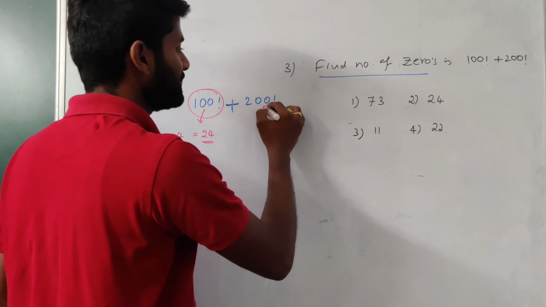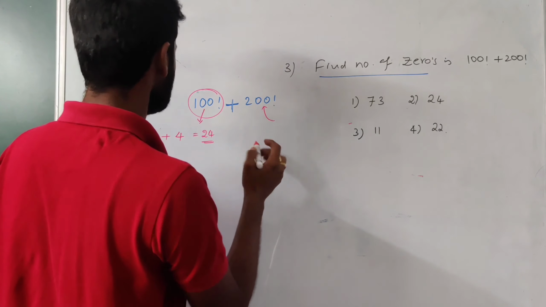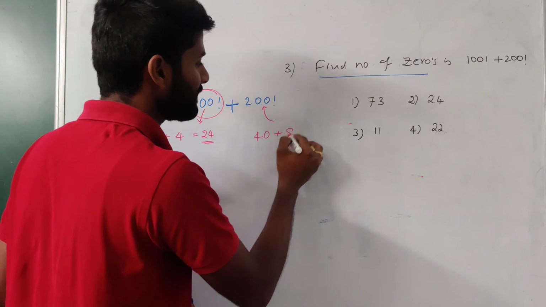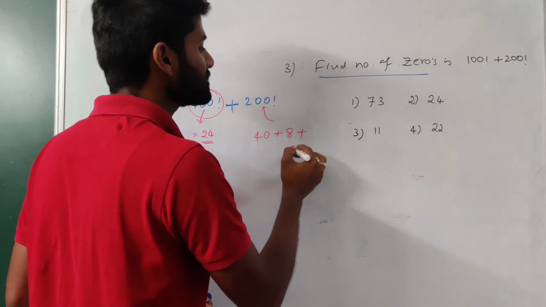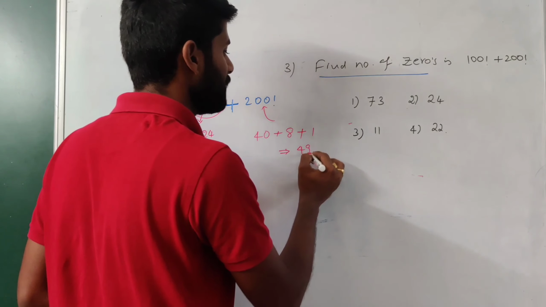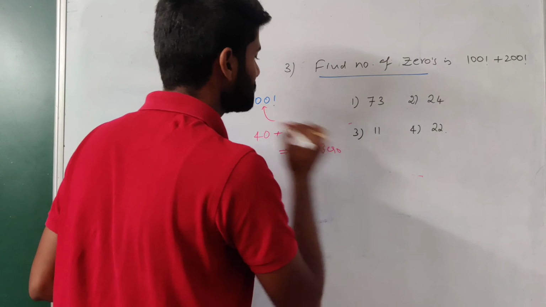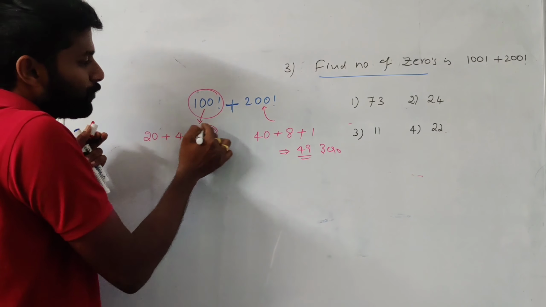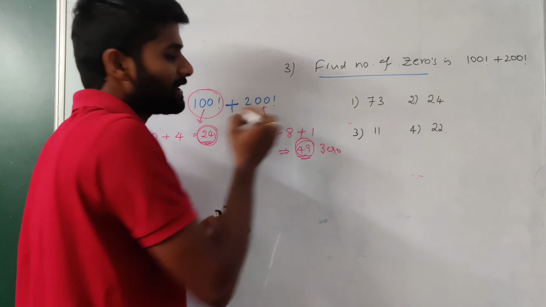And the same thing for this value: 200 divided by 5 gives 40, 40 divided by 5 gives 8, and 8 divided by 5 gives 1. So in this expression, we have 49 zeros. Clear? In this expression the number ends with 24 zeros, and here it ends with 49 zeros.